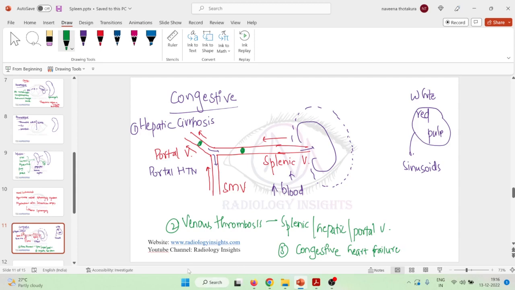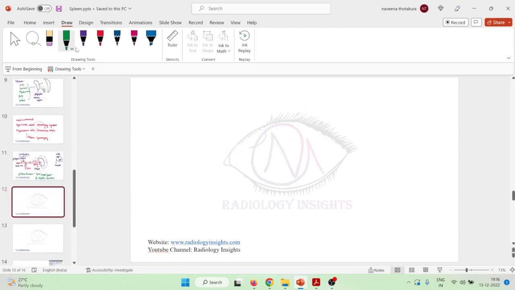Then the next important cause of splenomegaly is infiltrative disease.